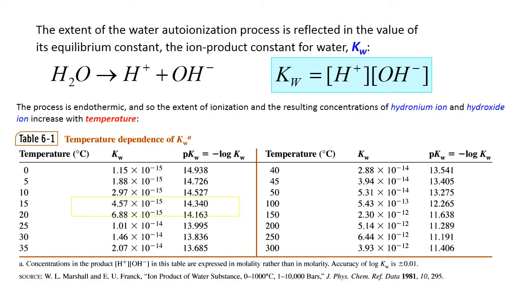With freezing temperature, we have practically 10 to the negative 15 at 0 Celsius. Next to the boiling point of water, around 80 degrees, it becomes 10 to the negative 13 and quickly reaches 10 to the negative 12, slightly above 100 degrees.